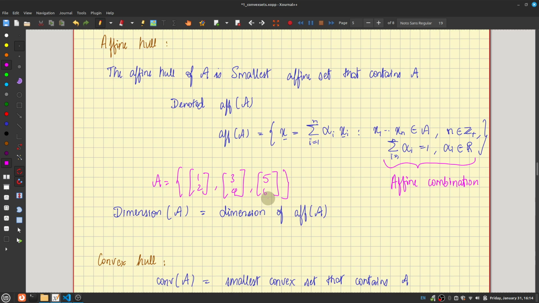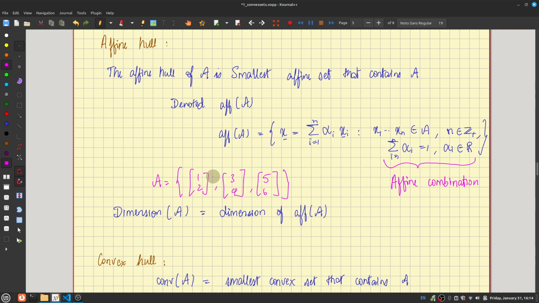R2 itself. In general this is going to be R2, but you have to be a little careful. If the third point lies on the straight line that passes through these two, then that would be just the straight line itself. If it lies anywhere outside the straight line, then it would be the entire R2.